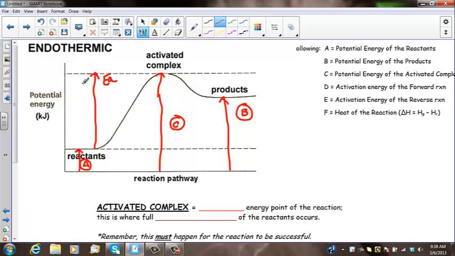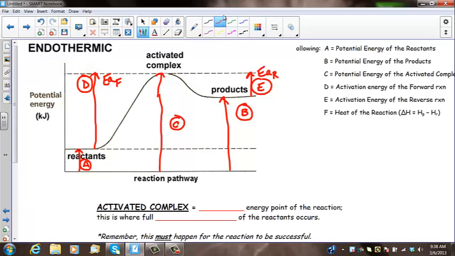This is D. The activation energy of the reverse reaction. So remember, forward I'm reading left to right, reverse I'm reading right to left. So from this line, which is really the product line, which would be considered our reactants if it was the reverse reaction, is going to be the EA of reverse, and this would be letter E. This is EA of forward.